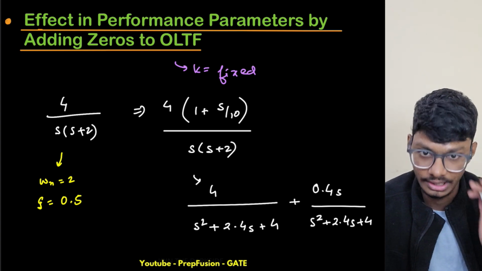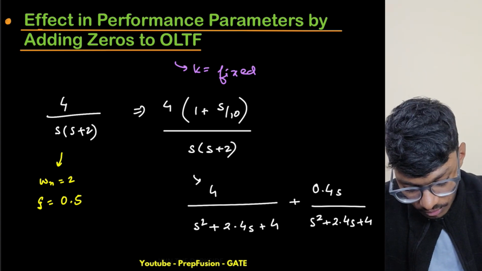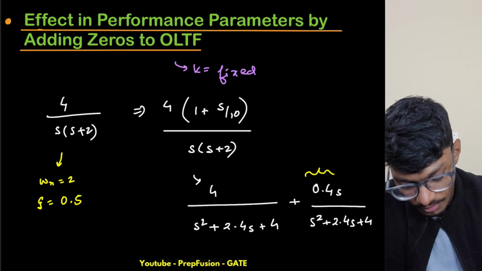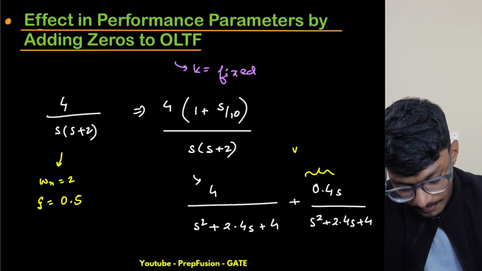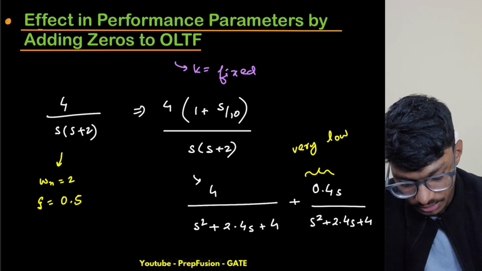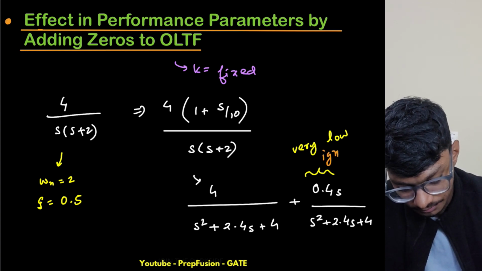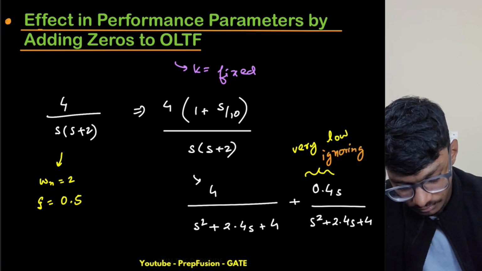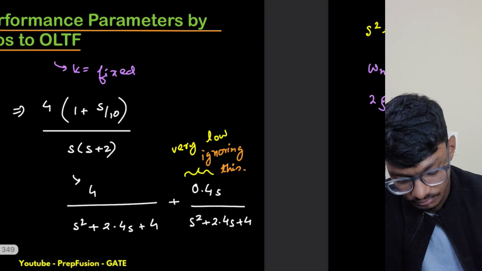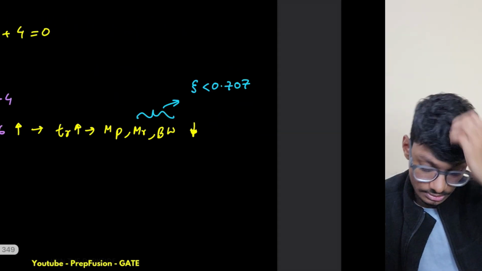Next example, I will take this. As this is 0.4, very low, I'm ignoring this. Okay, so this is this case.